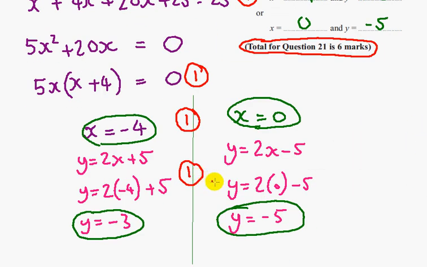The last mark is for the y values, which we've got here. Of course, when x is equal to minus 4, then y is equal to minus 3. When x is 0, y is equal to minus 5. So obviously they have to be the right way around. But there's your 6 marks for question 21.